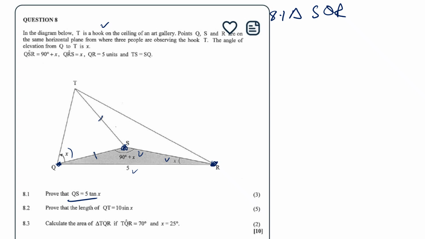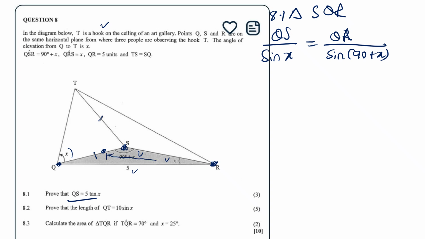Therefore we can say QS over sine X is equal to QR over sine 90 plus X, right? QS over sine X divided by QR over sine 90 plus X.